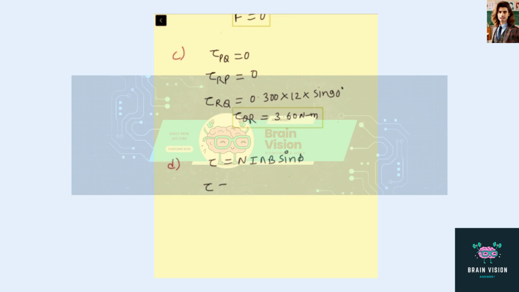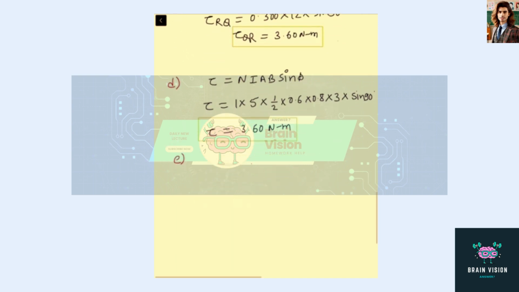Okay, so phi is equal to 90 degrees here, so putting values, N is the number of turns, so 1, and I is 5, and the area of the loop is 1/2 base into height, and the base is equal to 0.6 and the height is equal to 0.8, multiplied by B, which is 3 Tesla, and sin 90 degrees. So from here after solving, tau comes out to be 3.60 Newton meter, which agrees with part C. Okay, now this is the answer for part D.